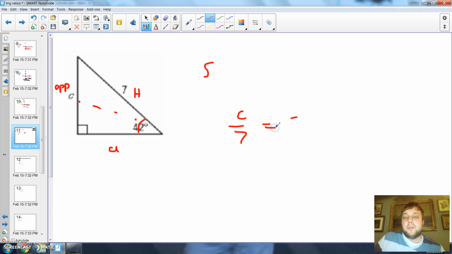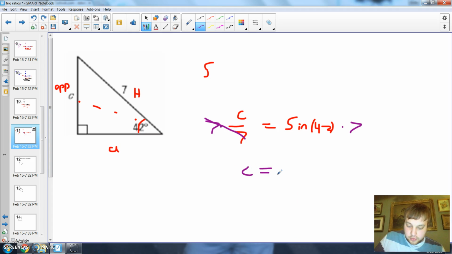That's going to equal the sine of 42. Alright, we're going to pause it. Oh, sorry. Multiply first by 7. That'll cancel. So C should equal 4.68.